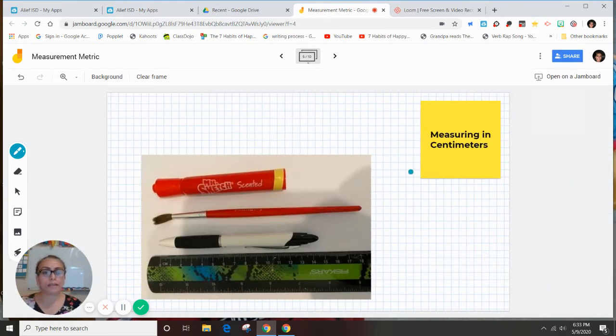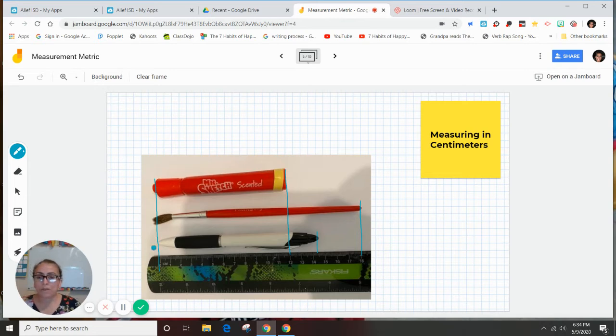Okay, so measuring in centimeters. I have three objects here to compare, and these are like real objects. If I would make a straight line, hopefully I could make a straight line right there all the way to 0, or where each one of these objects ends, it would be easier for me. I have the pen right here, and I have this marker and this paintbrush.